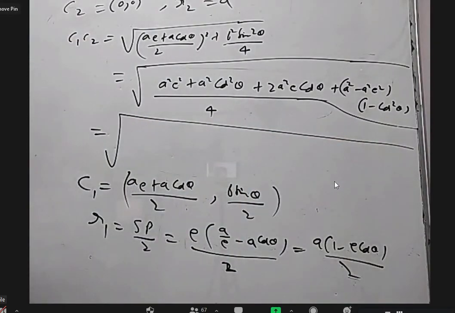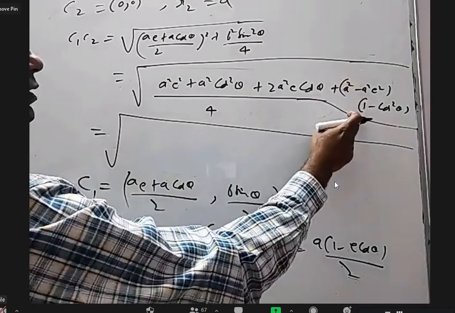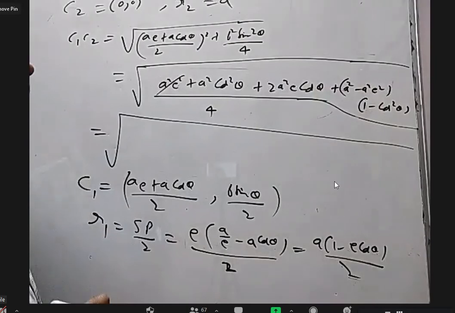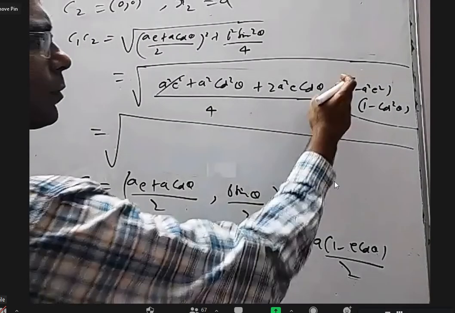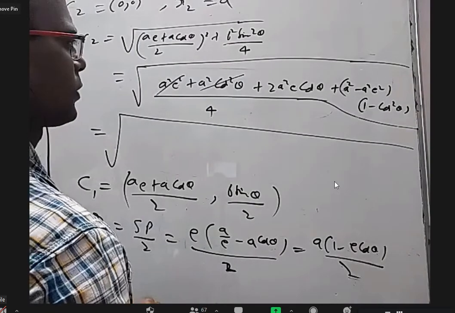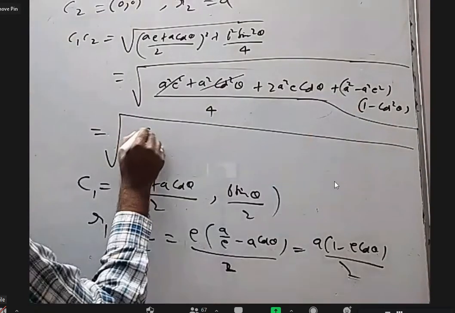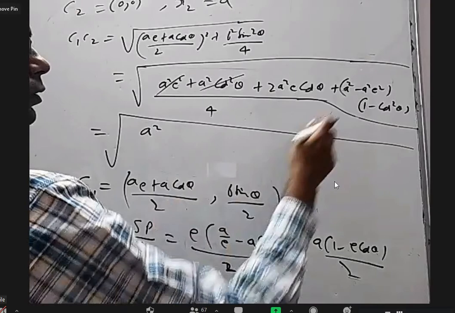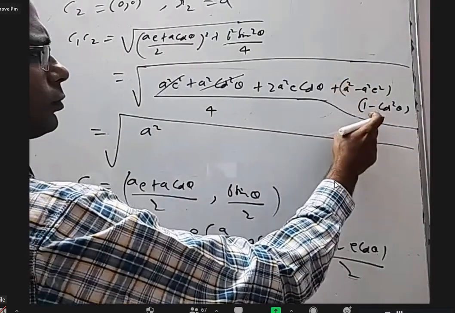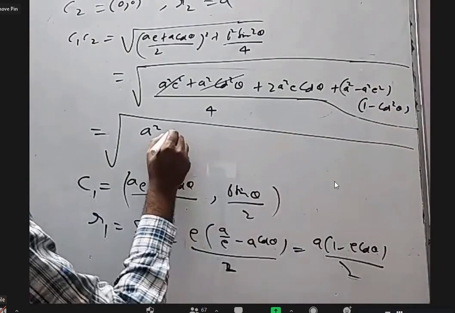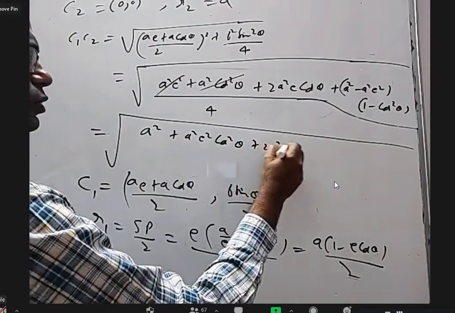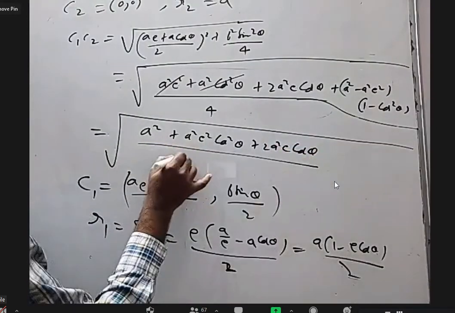So what will happen when I expand? A square is there, minus A square E square will get cancelled with something there. And minus A square cos square theta also will cancel. So what is the term left with? A square plus A square E square cos square theta plus 2A square E cos theta, by 4.